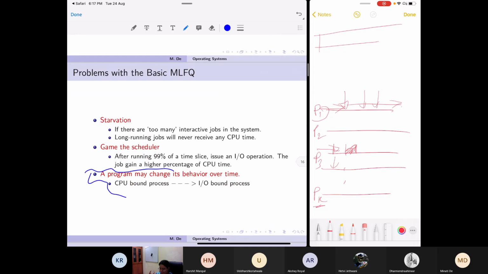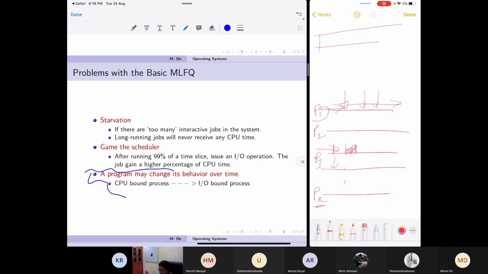So if you want to build your system, as I mentioned, you should have a fixed set of rules if you want to make some policy. So with respect to the current rules, these are the problems. We should come out of the situation, which means we need to modify our existing rules, or maybe we should add some new rules.